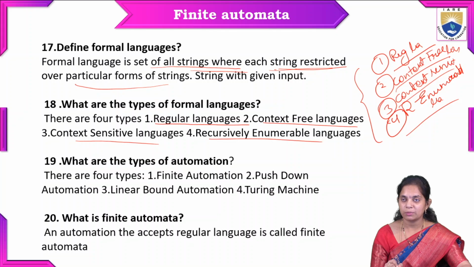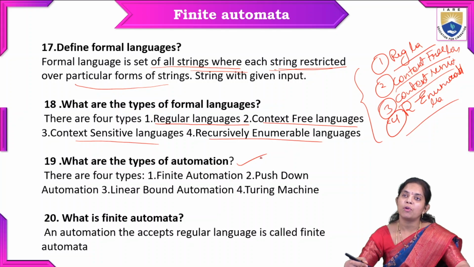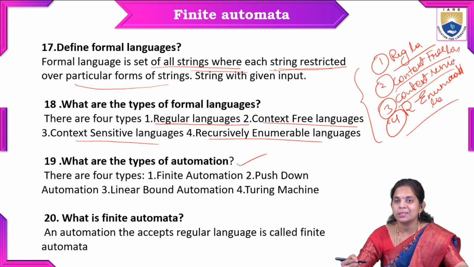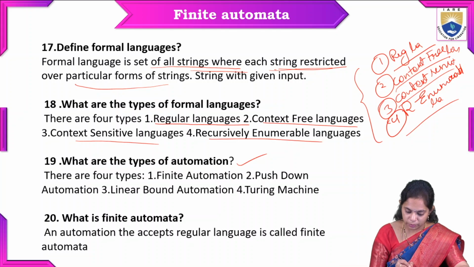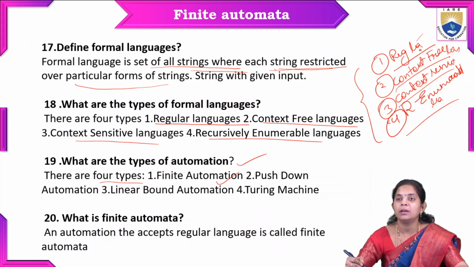So those are the four types of languages, and four types of automata. Automata is nothing but how we form the machines with these languages. We have four types of automata. One is finite automata, which we construct with regular languages.